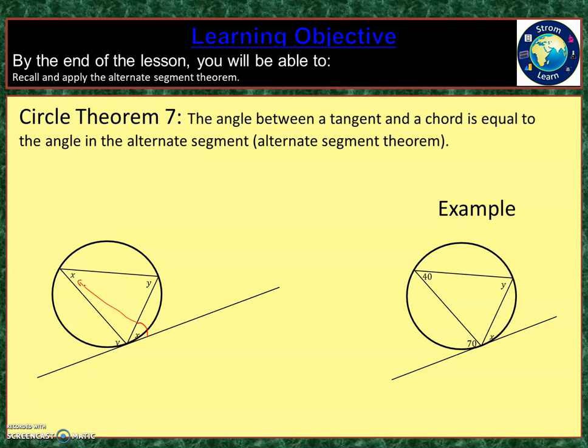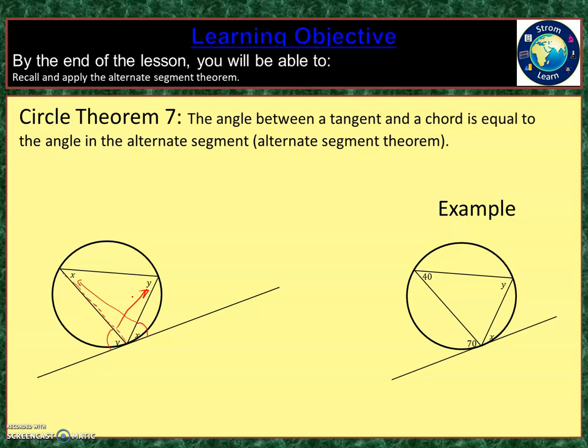So it's looking at that x, which is the same. And I can do the same using the y. So the angle between the tangent and the chord, now I'm looking at this line here as my chord, is equal to the angle in the alternate segment. So there we go.